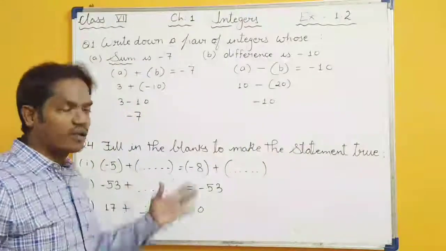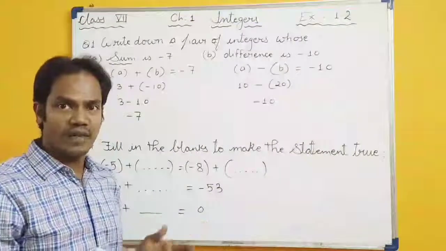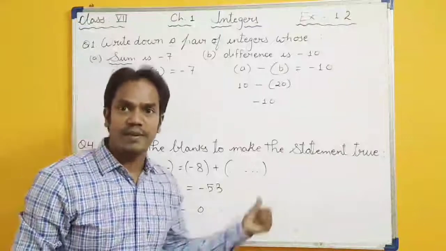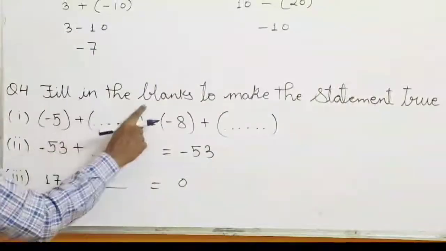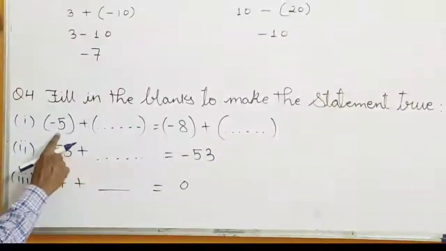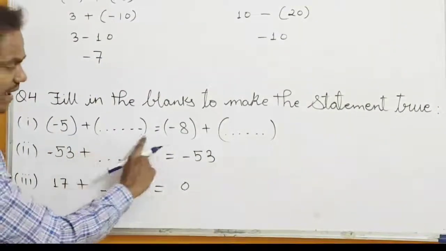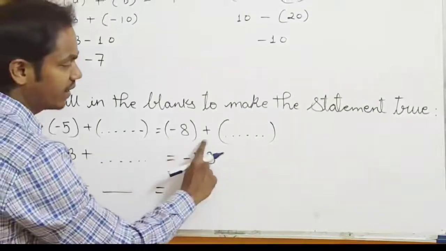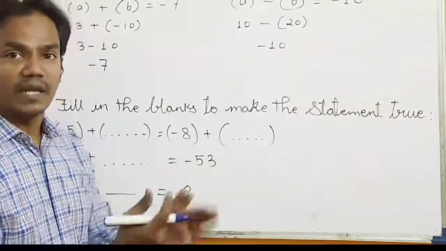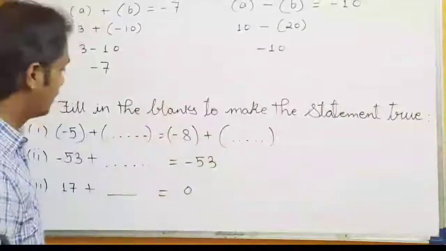Now question number 4. This is based on your common sense, very easy. I have explained you all the properties. These questions are based on properties also. Fill in the blanks to make the statement true. Minus 5 plus dash is equal to minus 8 plus dash. Here you can use your commutative property. Commutative means when you change your place.